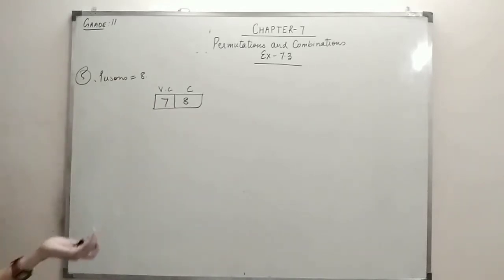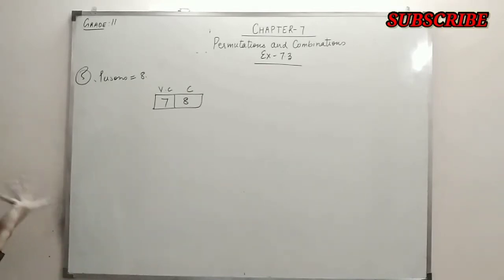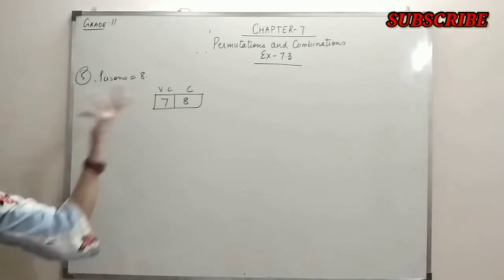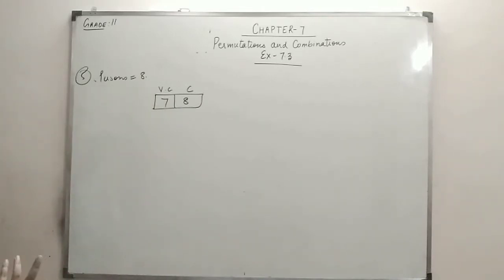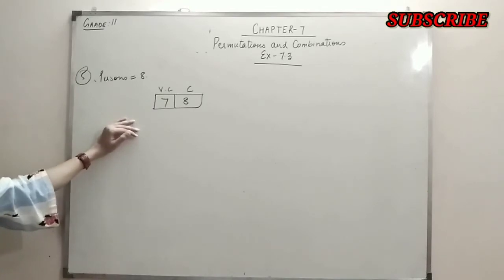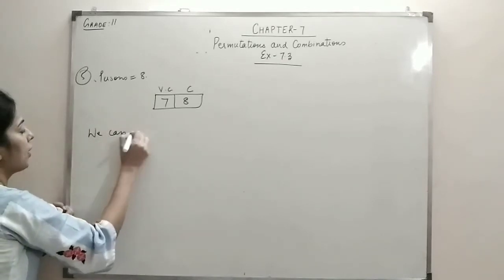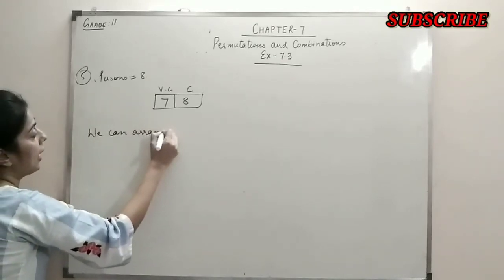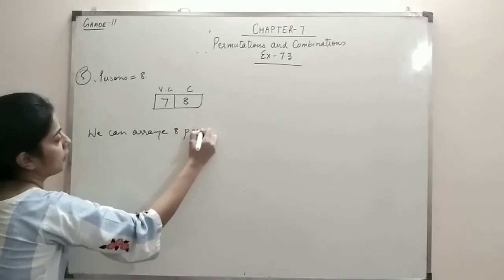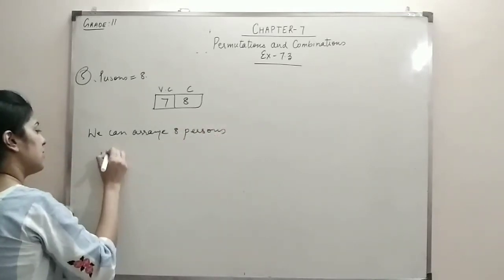So by the fundamental principle of counting, it is 8 into 7, 56 ways. Or we can do it another way also. We can arrange 8 persons in 2 places.